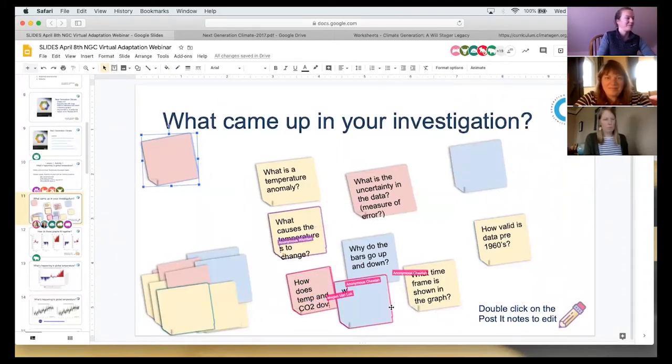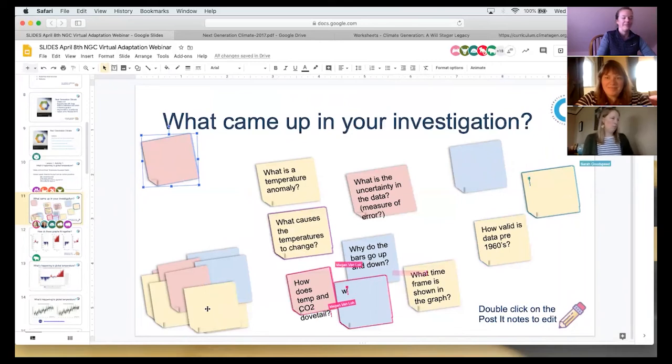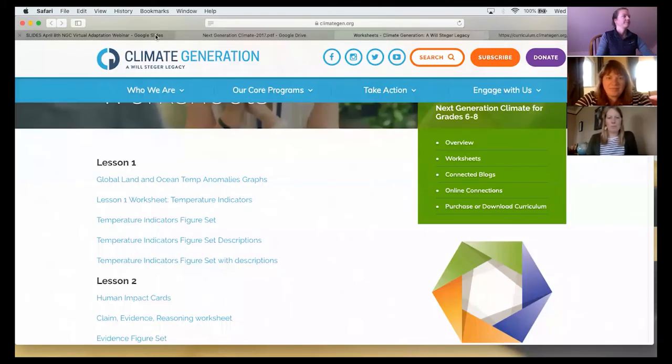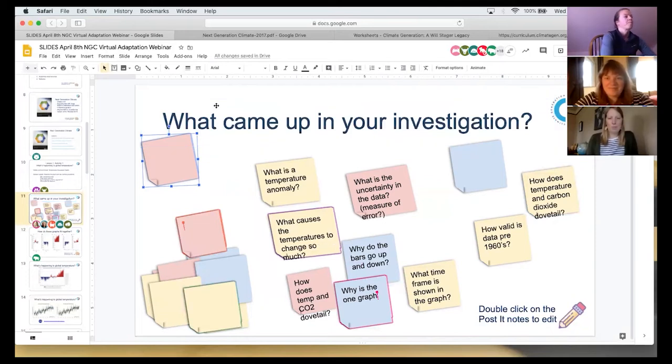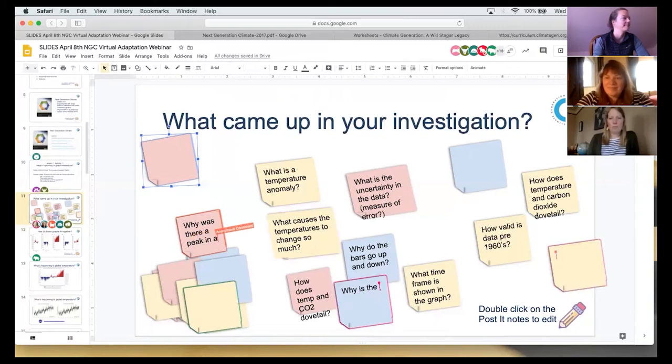Great, we see some questions populating in our Post-it notes. Feel free to grab from the pile on the left and just add away. We'll take about another minute.